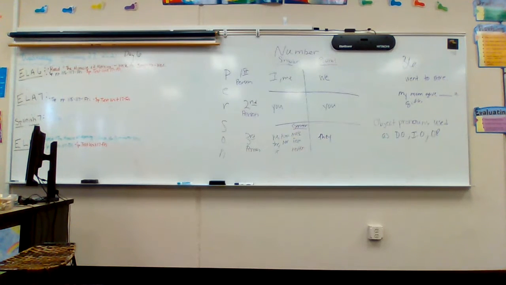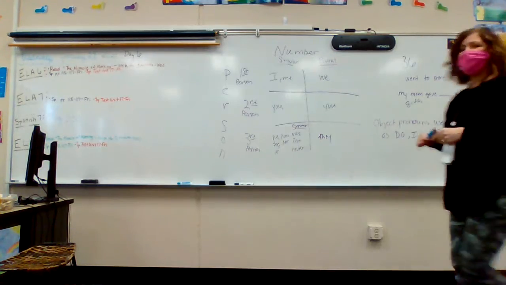Let's review what each of those things are: direct objects, indirect objects, and objects of a preposition. Do you guys remember how you find a direct object of a sentence? Anybody remember the little formula?